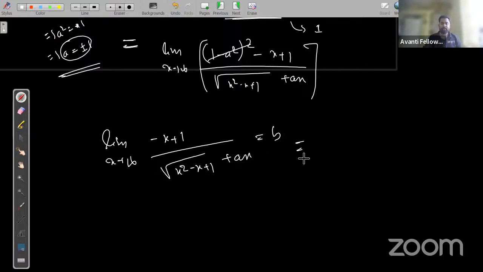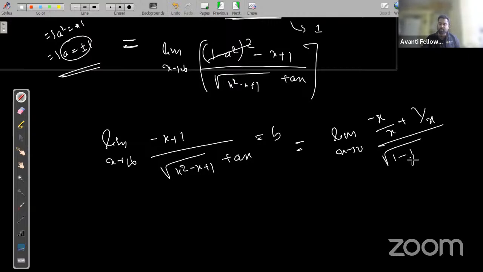Then we divide by x: limit x tending to infinity of minus 1 plus 1 by x, divided by root of 1 minus 1 by x plus 1 by x square, plus a. This is equal to b. Now if you put the limit, this will be minus 1 upon 1 plus a, which is equal to b.